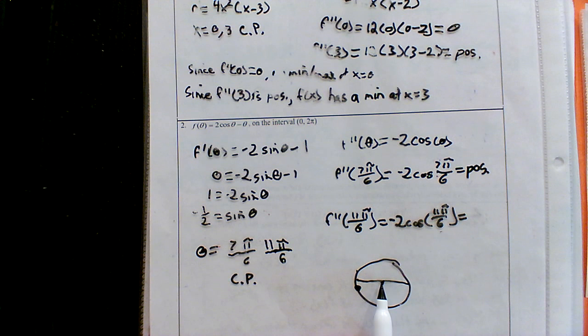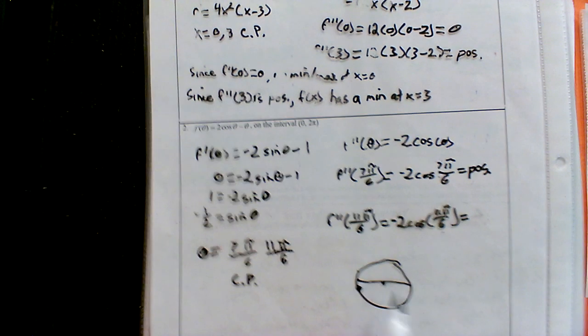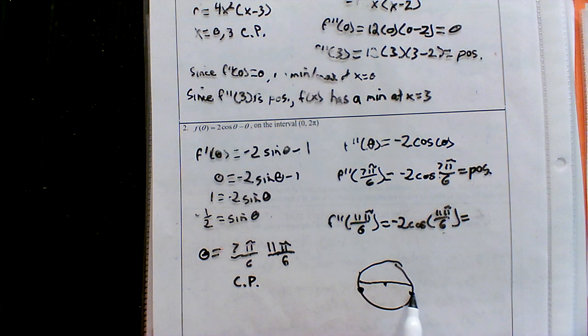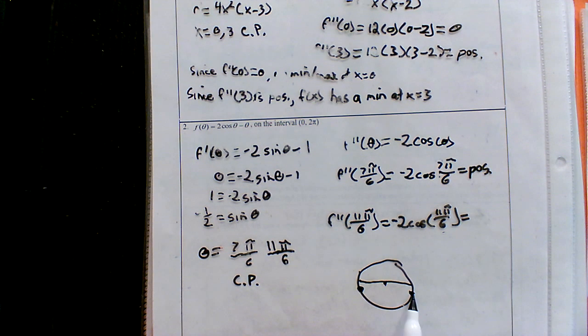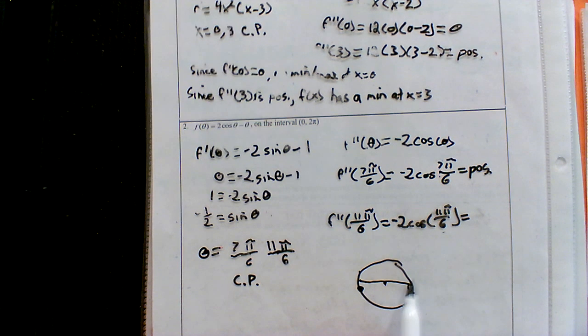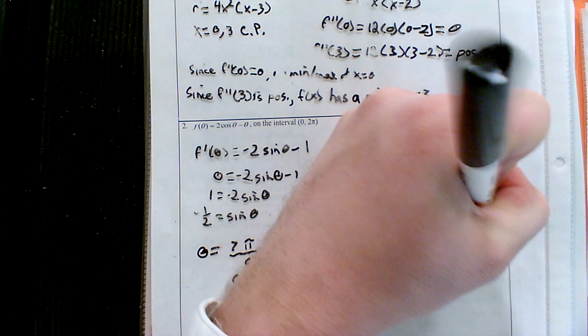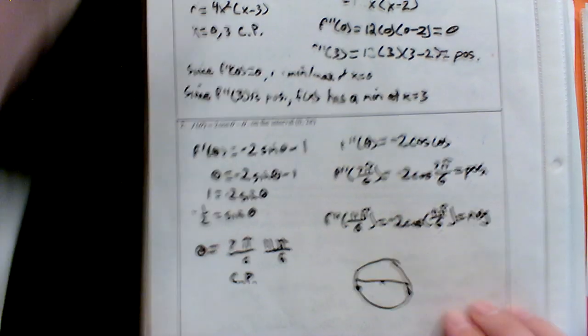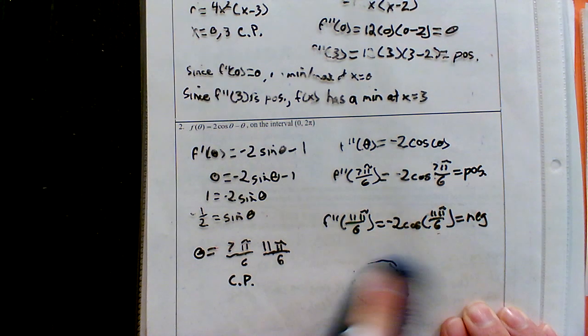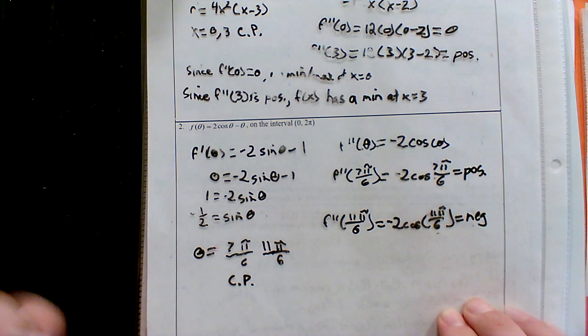Well, where is 11 pi over 6 going to be? It's going to be somewhere close to over here. So if I take the cosine of a value over here on the circle, is that positive or negative? Positive. So positive times a negative is a negative. Very good. So you don't necessarily have to know exactly what the answer is. You could use the circle to help you out.